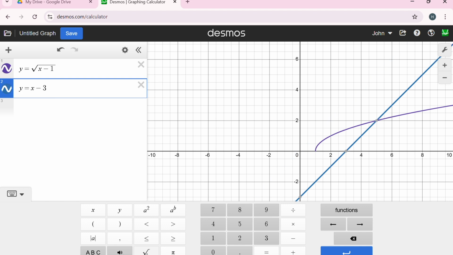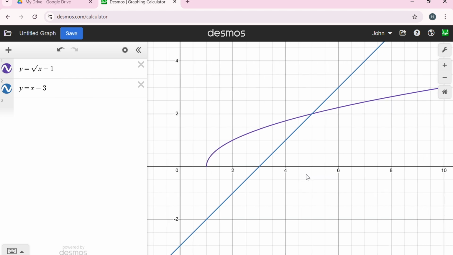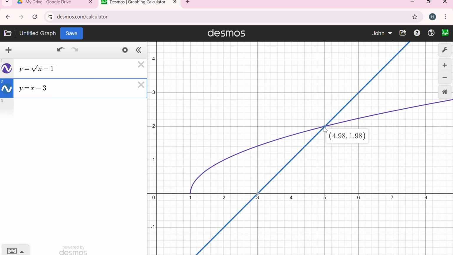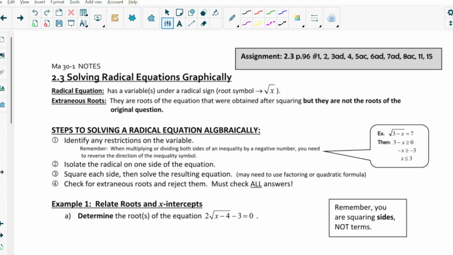This gave us a handy way to solve for x. And if you look at the intersection, we said x equals 5 was your solution. So let me anchor that. So there's my solution.